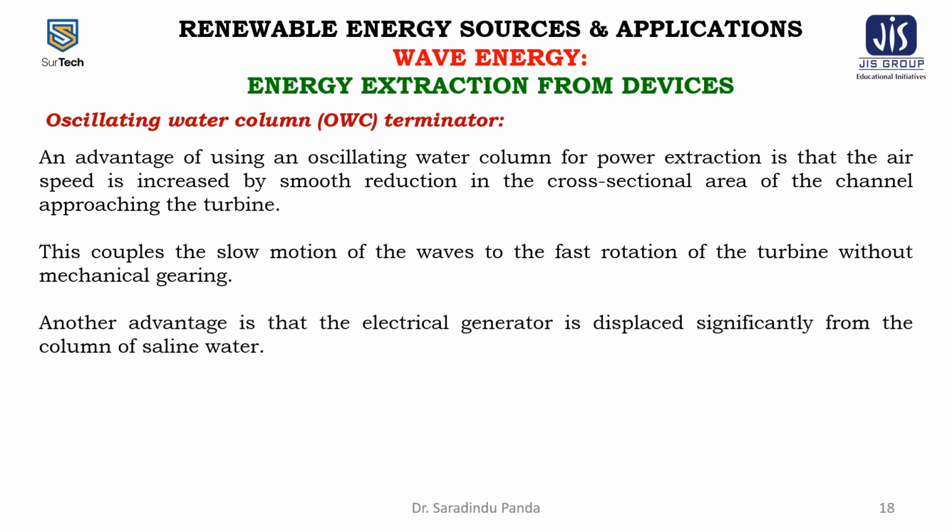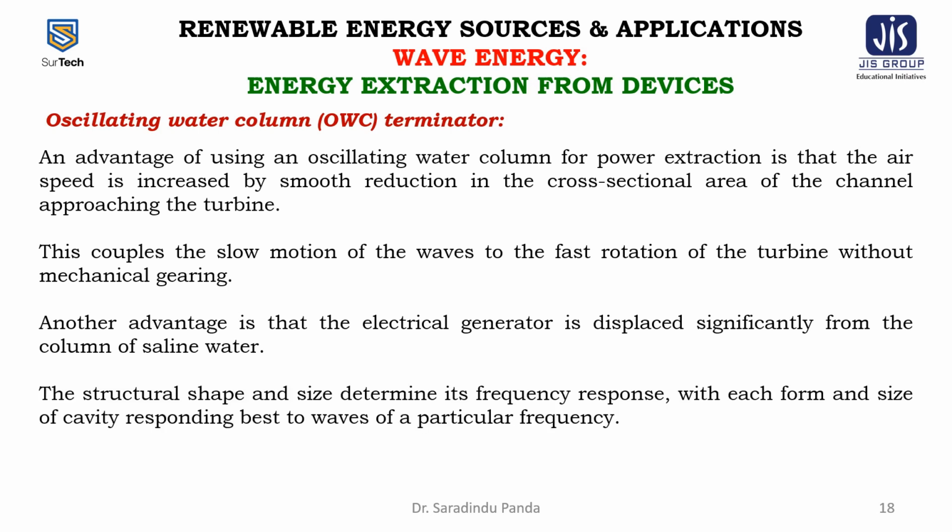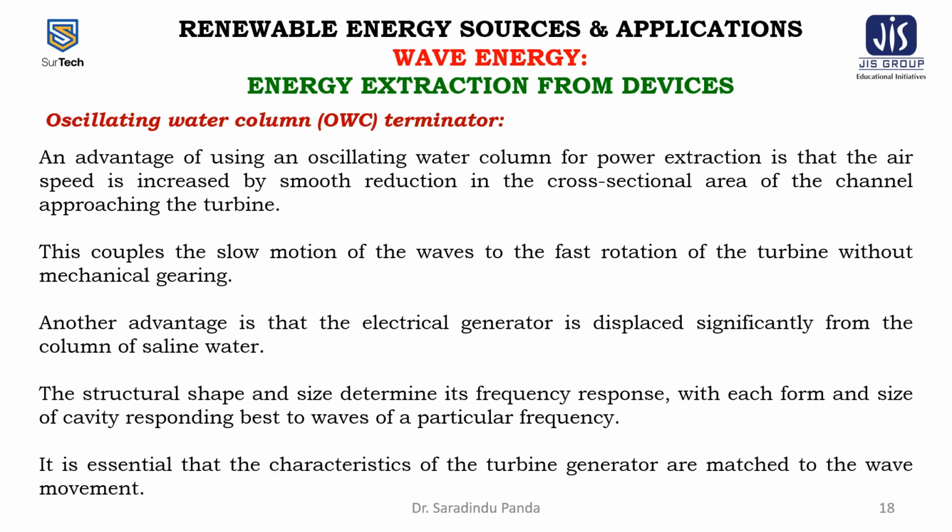Another advantage is that the electrical generator is displaced significantly from the column of saline water. The structural shape and size determine its frequency response, with each form and size of cavity responding best to waves of a particular frequency. It is essential that the characteristics of the turbine generator are matched to the wave movement.